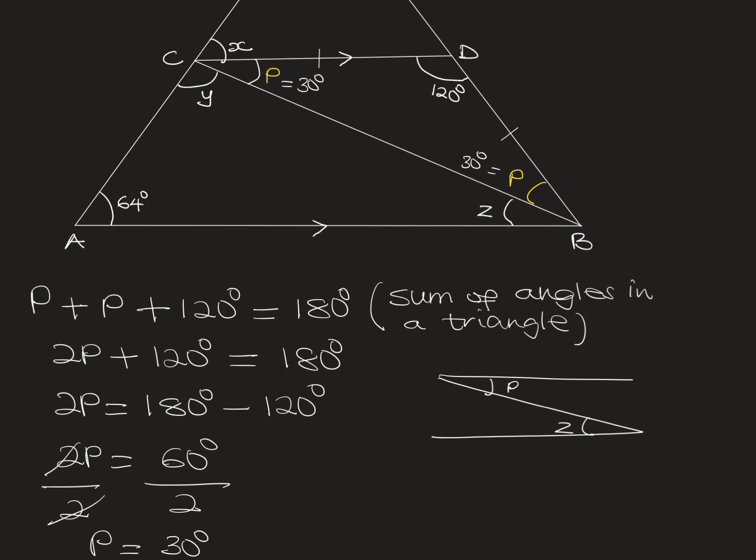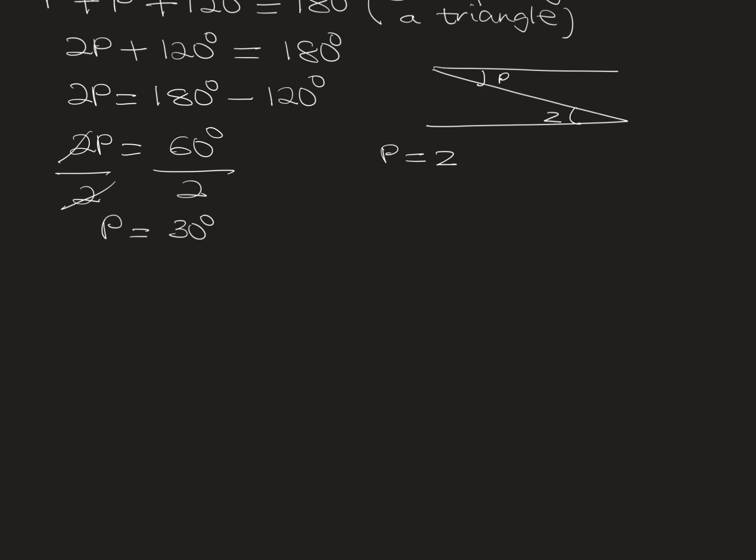Okay, so P is equal to Z. Look at it properly, this angle P and this angle Z are alternate angles, okay? Alternate angles will be in a form of Z here, and they are equal. So we can say Z is equal to P because they are alternate angles.